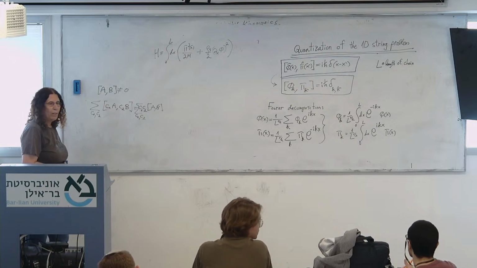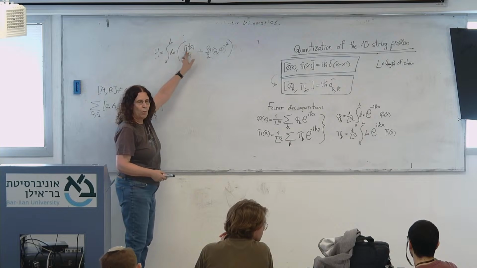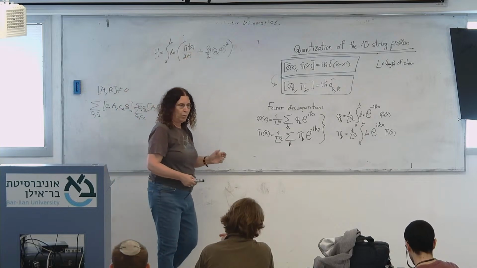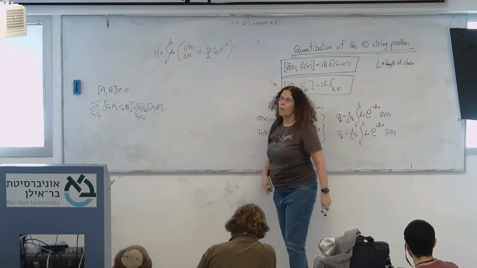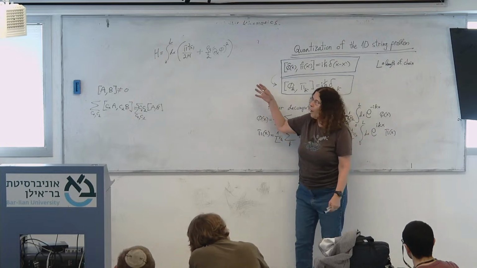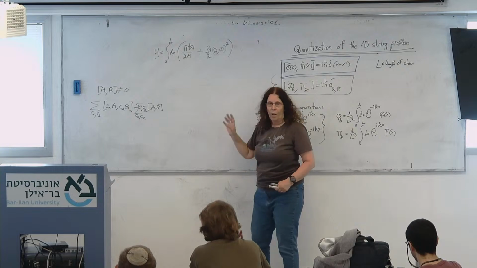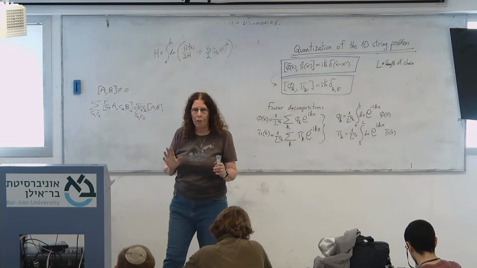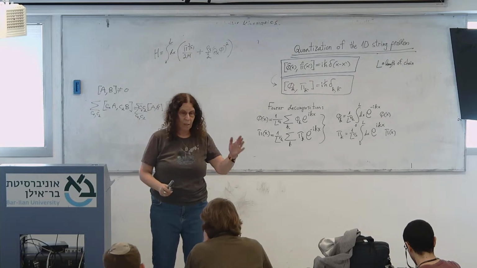what is the Fourier transform of this? If I'm going to do a Fourier transform for each pi of x, I'm going to get pi k. What is the Fourier transform of grad phi? It's i times phi k, and because we have it squared, if you do it carefully, I'm not going to do the algebra, let's leave it to save time.